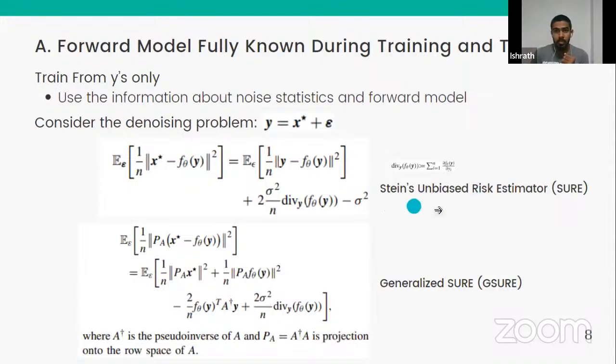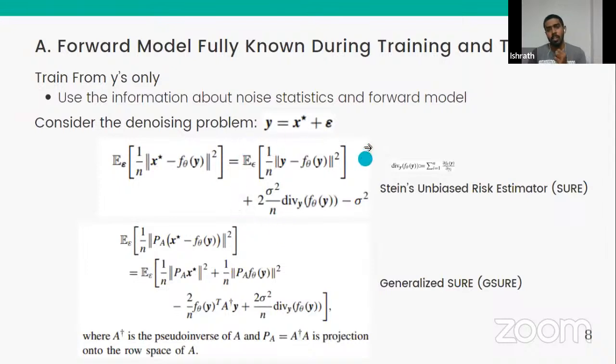So in Stein's paper, what they found is that this mean squared error is equal to this term on the right side of the equation. If we have a look at the right side of the equation, we don't see any x term here.